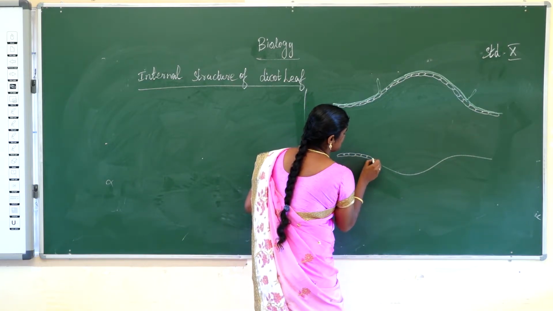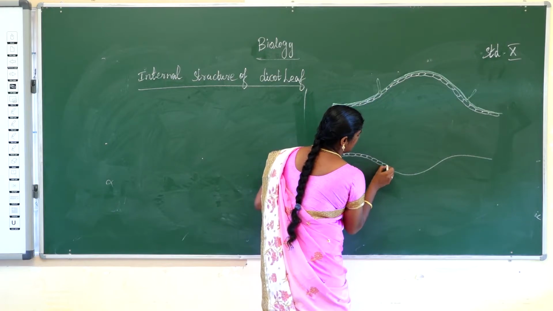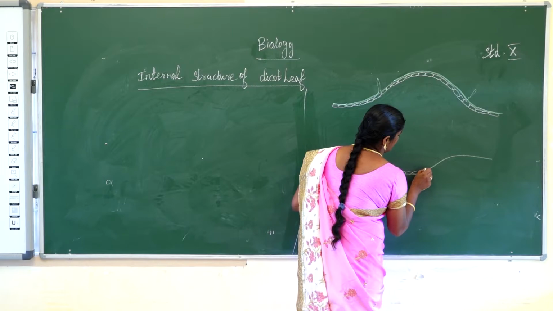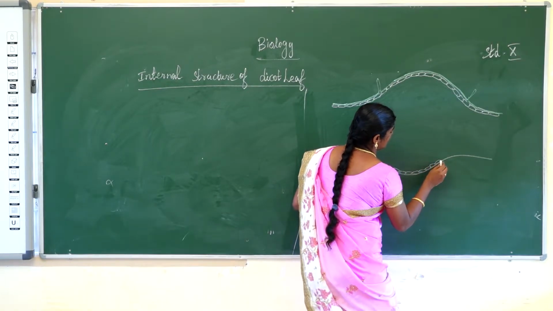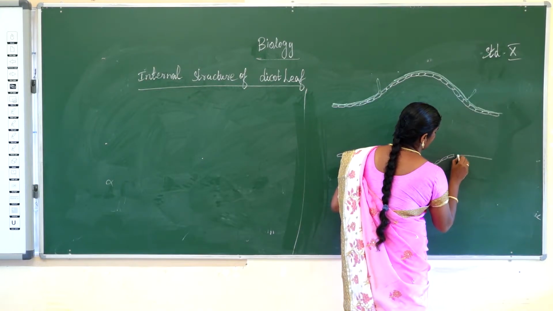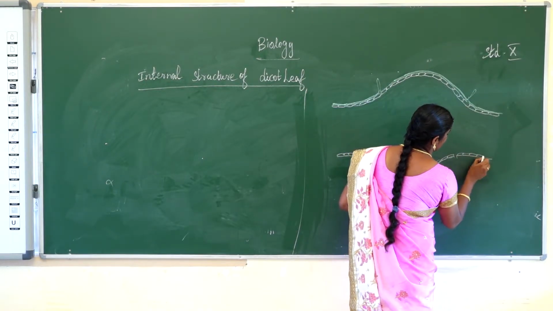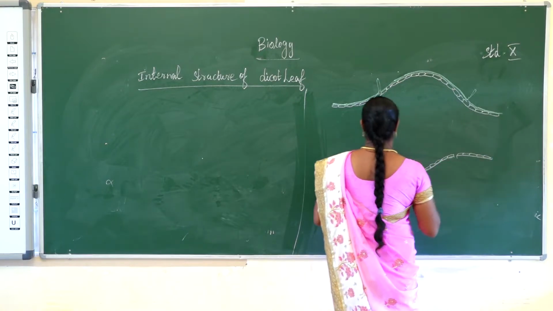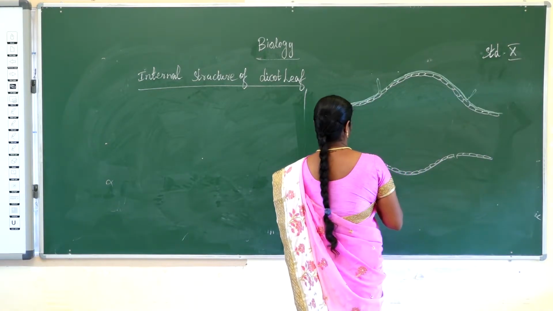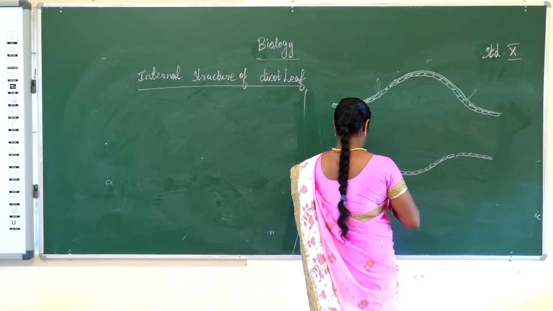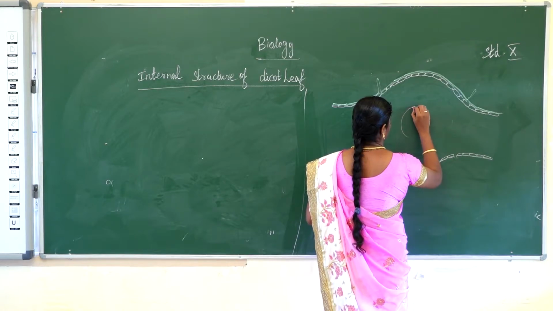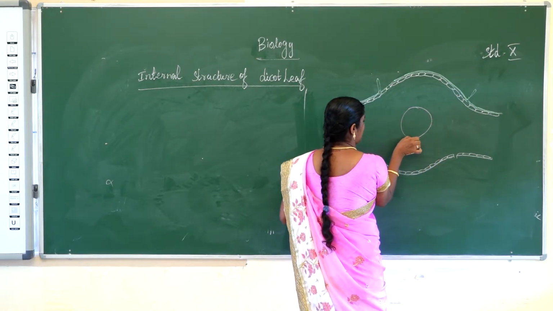Lower epidermis is covered with cuticle. Vascular bundles are present in the center place.